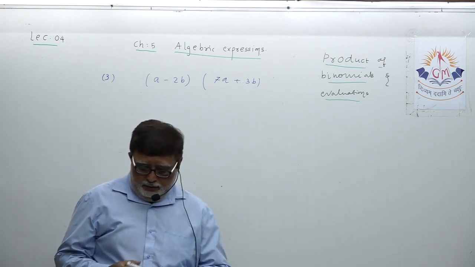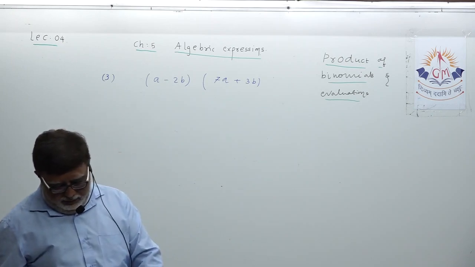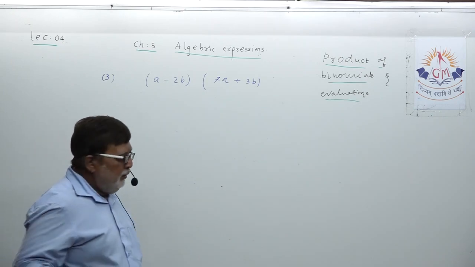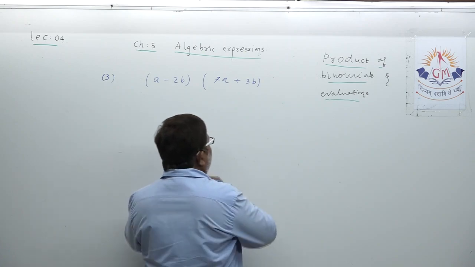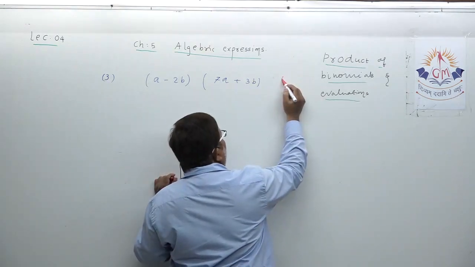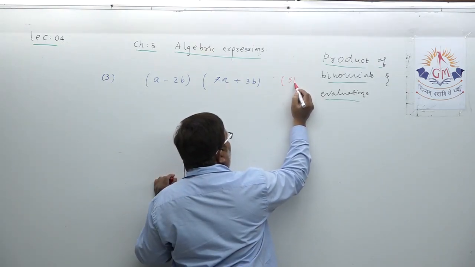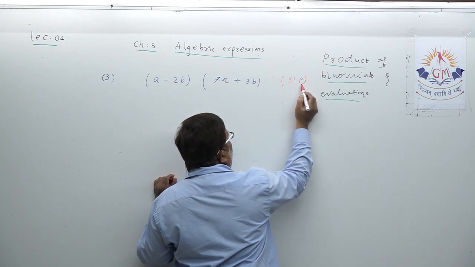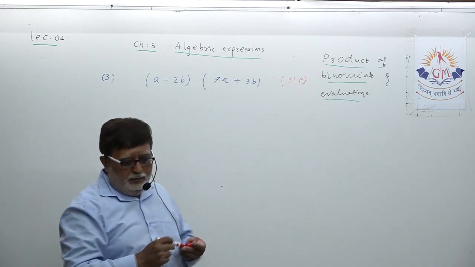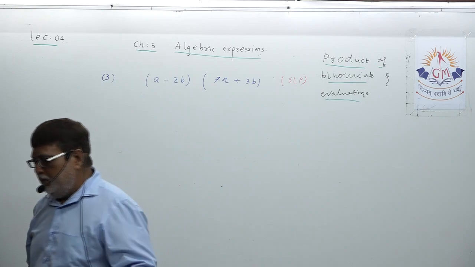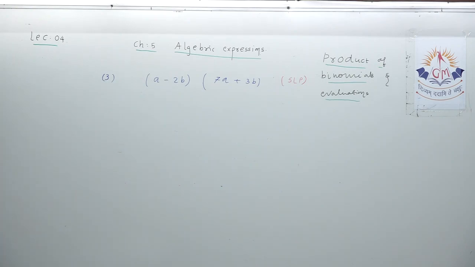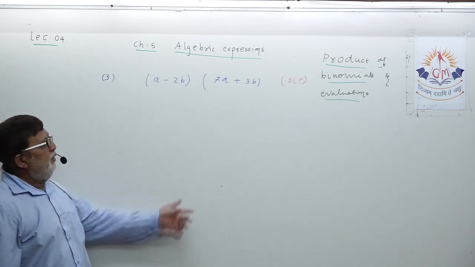Now you can consider this particular example as an SLP also. I am just giving you 1 minute time so that you can solve it by yourself. Then we will exactly solve this example here on the board, but just 1 minute time so that you can understand and make your concept very clear.